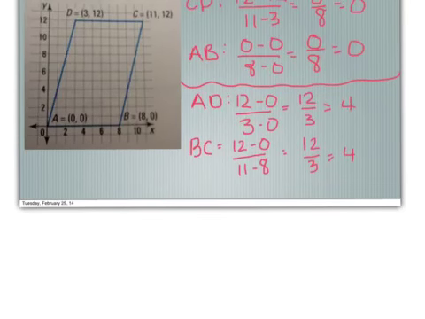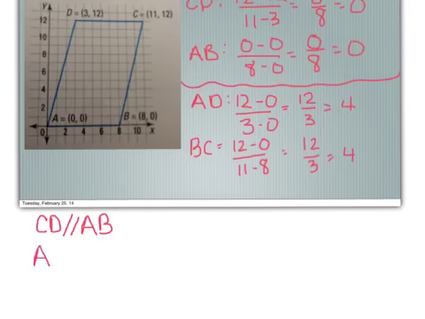So my next step, I would have to say CD is parallel to AB, and AD is parallel to BC. And I can say that because the slopes are equal.